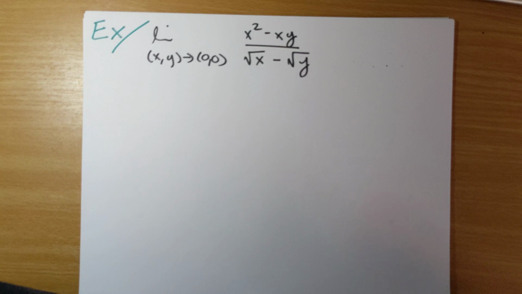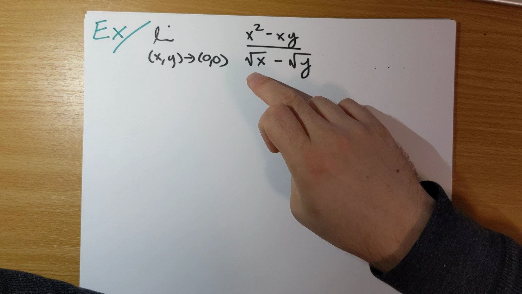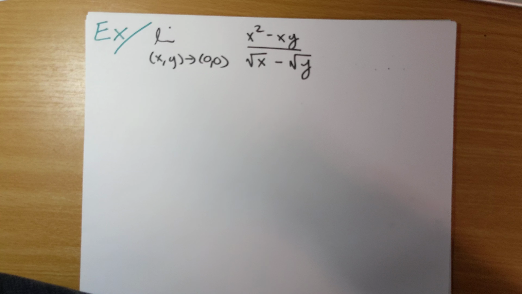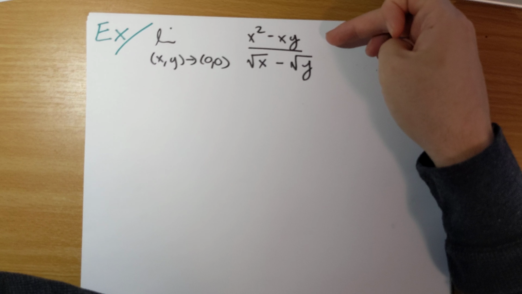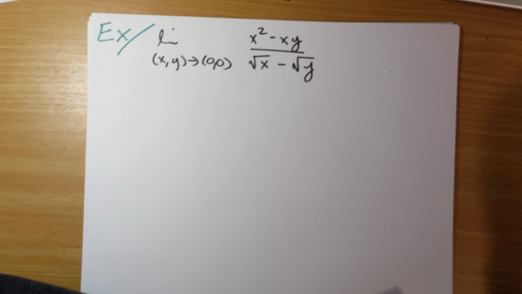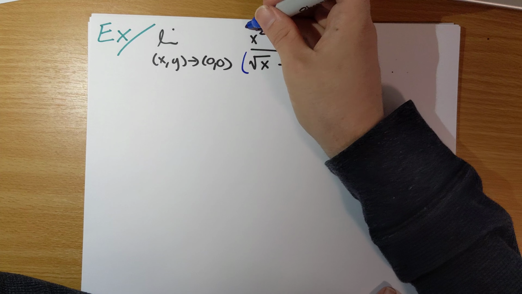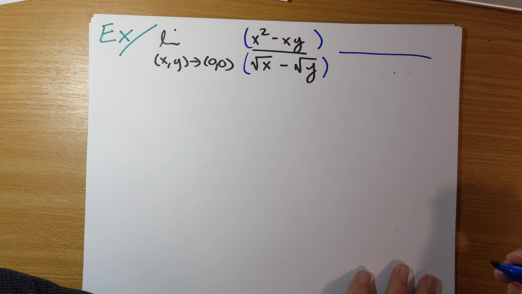One more slightly more interesting problem here. The limit as (x,y) goes to (0, 0) of (x squared minus xy) over (square root x minus square root y). So now we try to plug in 0, 0. We get 0 upstairs and 0 downstairs. That's not good. So how to handle this? We're going to do a classic Calc 1 trick.